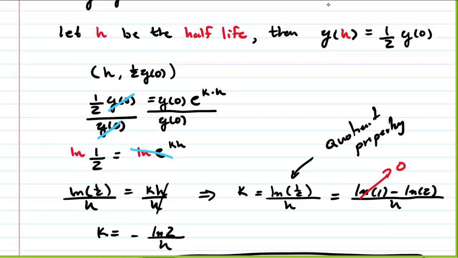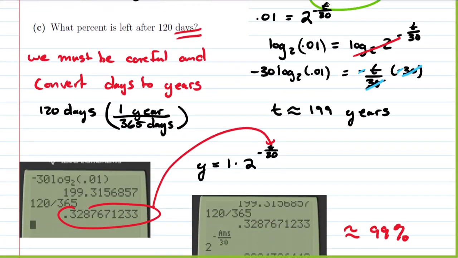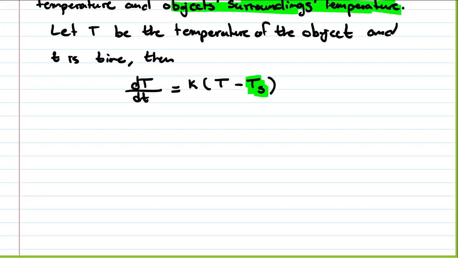Well, it turns out that we can, quote unquote, fix this equation. So let's let y of t equal T minus T sub S.